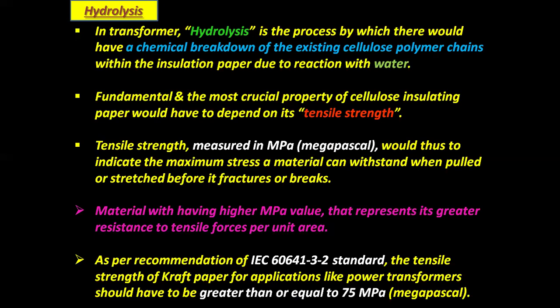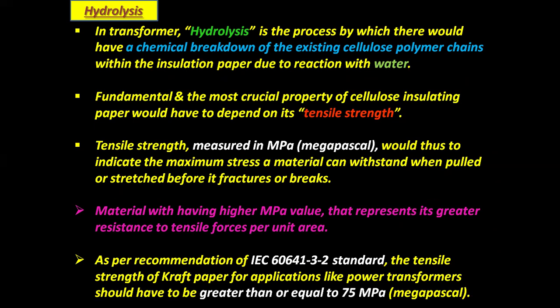Tensile strength, measured in megapascal, that is MPa, indicates the maximum stress a material can withstand when pulled or stressed before it fractures or breaks. A material with a higher MPa value has greater resistance to tensile forces per unit area.